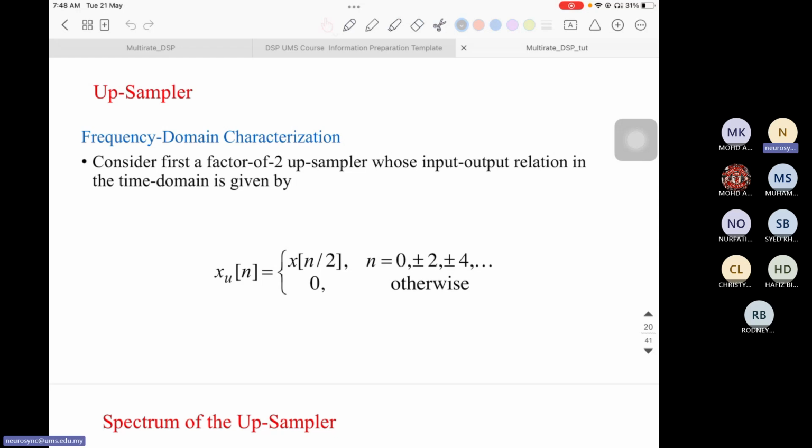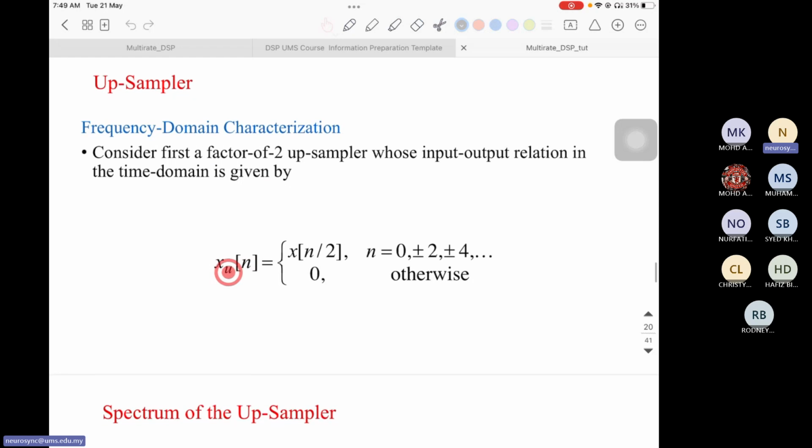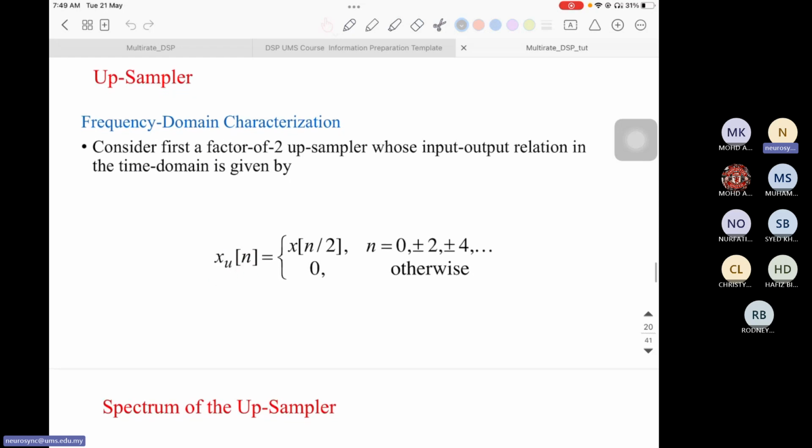Now the frequency domain characteristics of this upsampler. Consider a factor of 2 for upsampling the signal. The input-output relation I can write like this. Xu of n is basically the output of the upsampler, which is equal to x of n by 2, because the factor is 2 here.